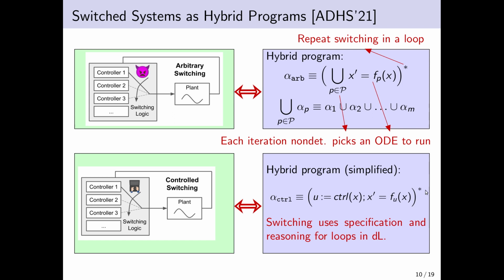The point of these two models is that switching is modeled by these loops in DL, and accordingly, if we want to specify properties about switch systems, we can specify properties about these switching loops in DL.